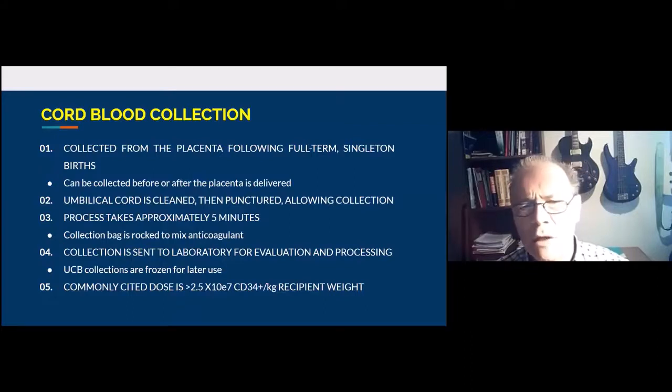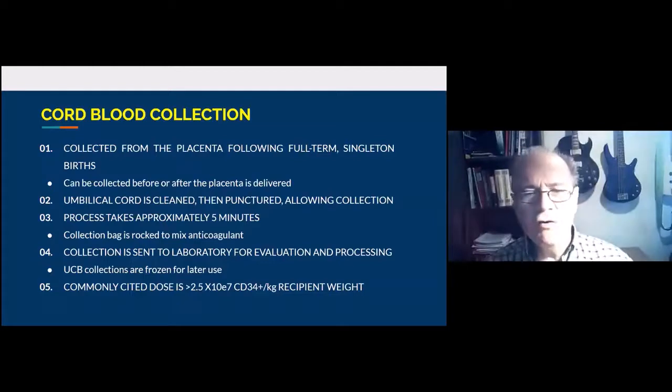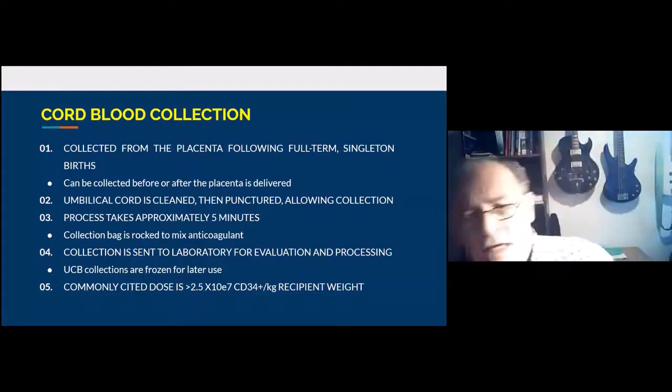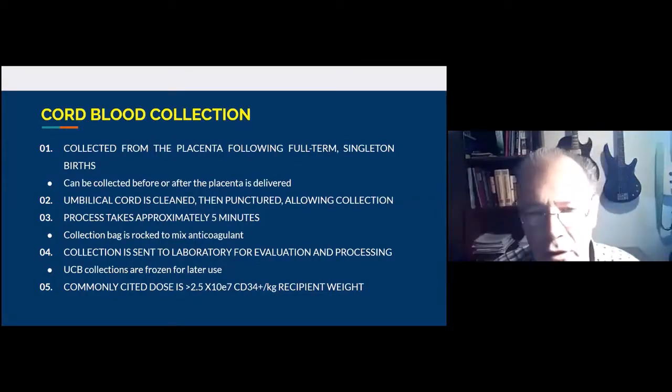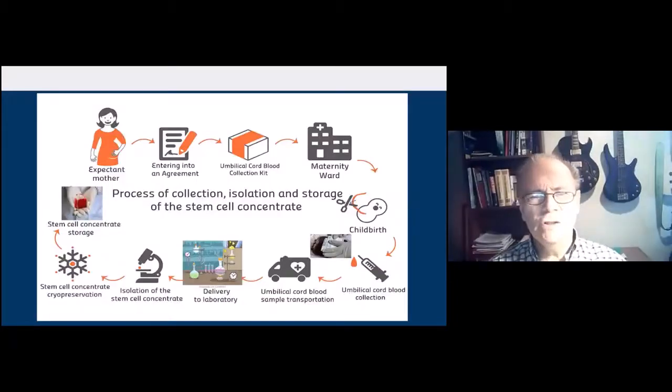The collection is sent to the laboratory for evaluation and processing, especially to know the volume and the total nucleated cells, and the umbilical cord blood collections are frozen for later use. The commonly cited dose for unrelated allogeneic transplant is 2.5 x 10^7 CD34 positive cells per kilogram of recipient weight.